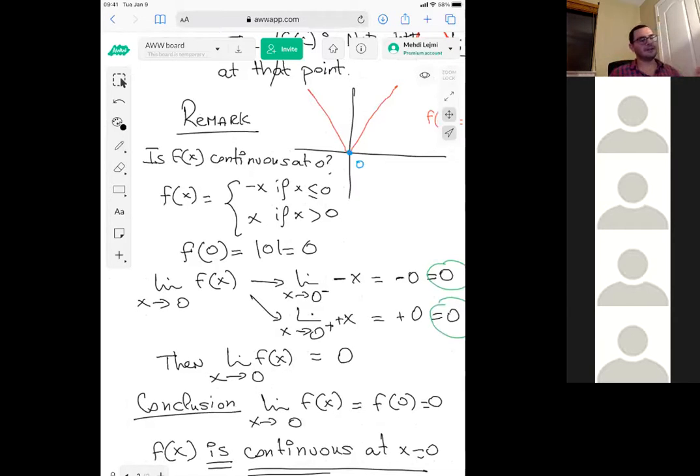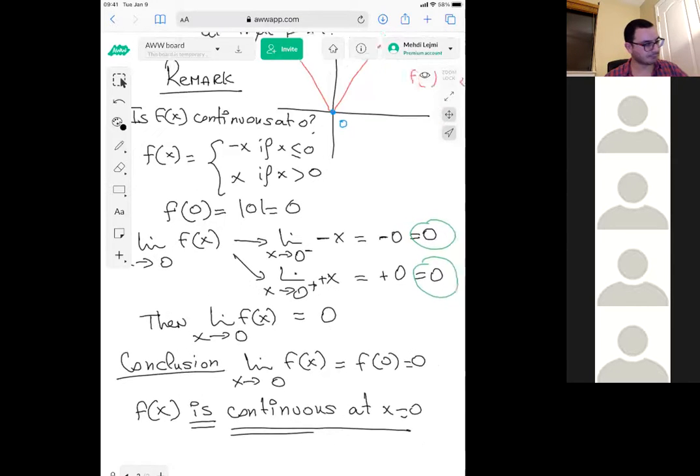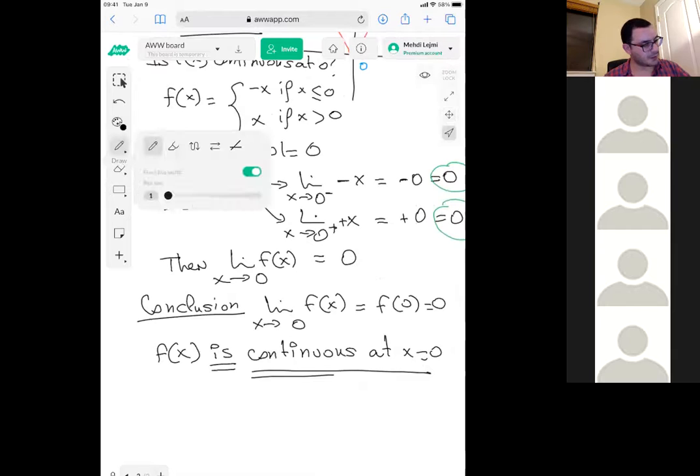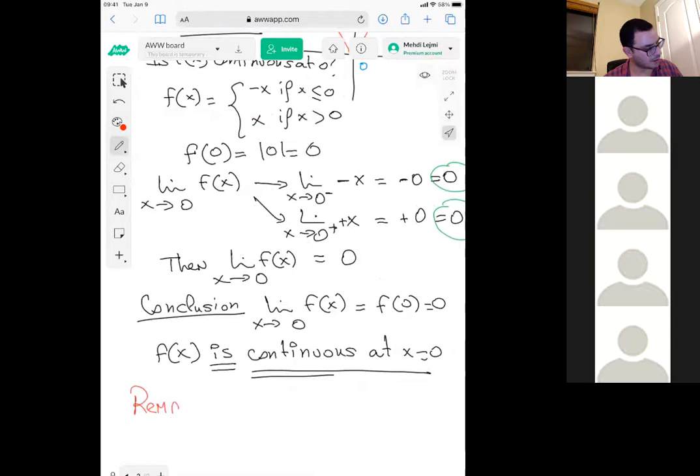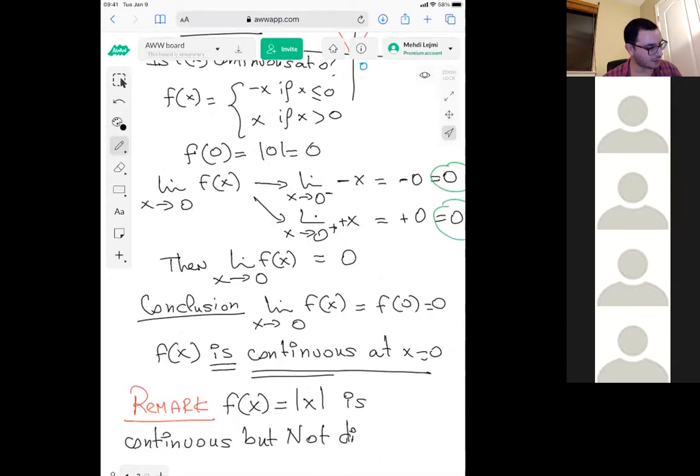So you see, this is a really good example where the function is continuous, but it's not differentiable at 0. So this is an important remark. So f of x equal to the absolute value of x is continuous, but not differentiable at x equal to 0.